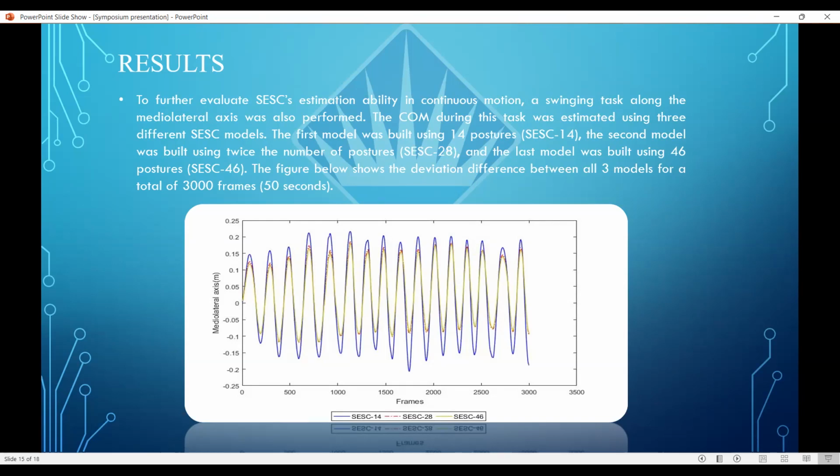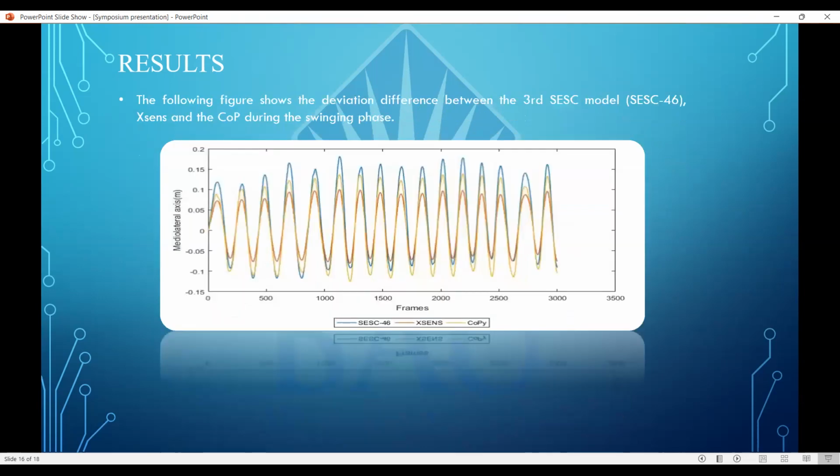Now, in order to verify that this is accurate, we compared it with the center of pressure data, and we also compared it with the XSense data. So here also you can see that SESC is really close to the center of pressure, which is the actual position of the center of mass, while XSense is always further from the actual value.